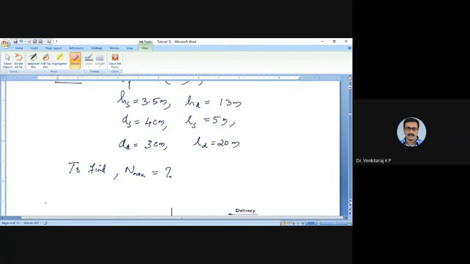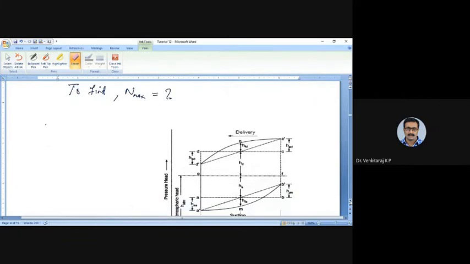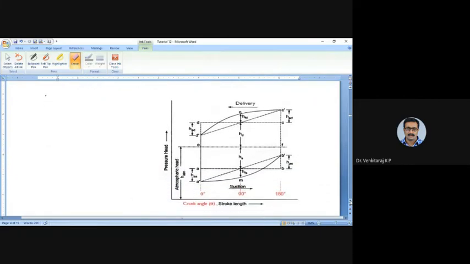consider the modified indicator diagram of a single acting single cylinder reciprocating pump. So this diagram represents the indicator diagram by taking into account the effect of friction and acceleration.